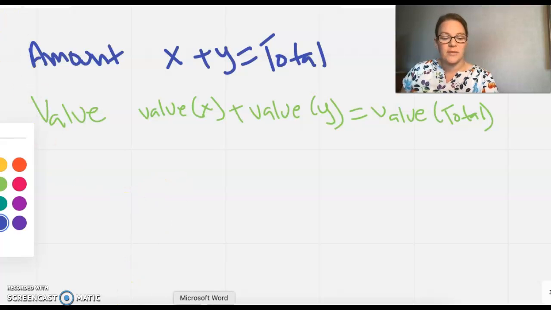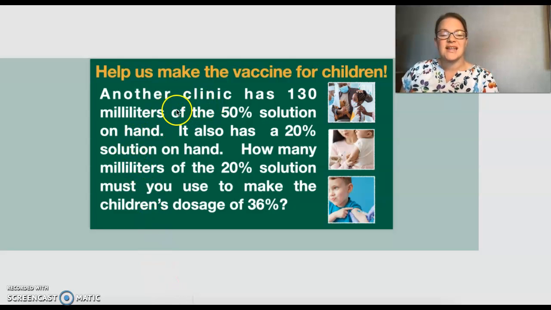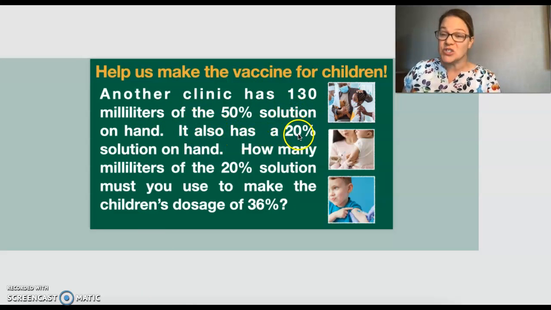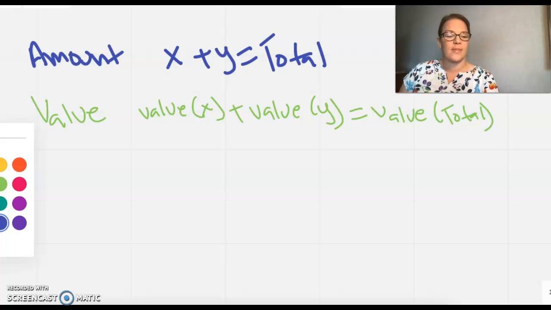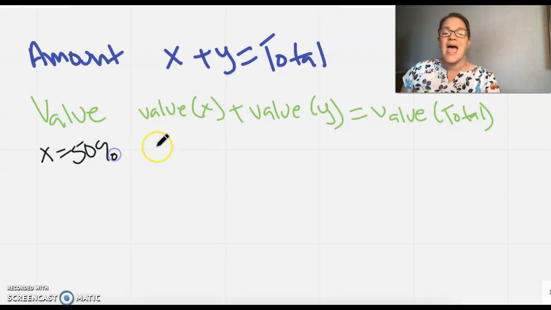What we see in our problem here is that another clinic has 130 milliliters of the 50% solution, and it also has a 20% solution. So let's first define our variables. Let's make x the 50% solution and y the 20% solution.